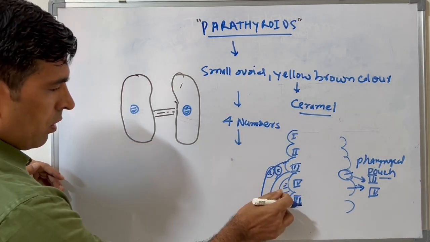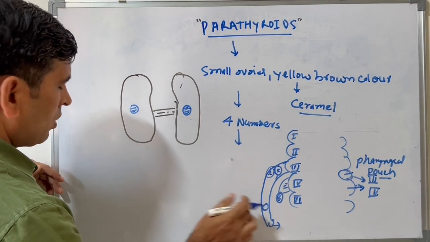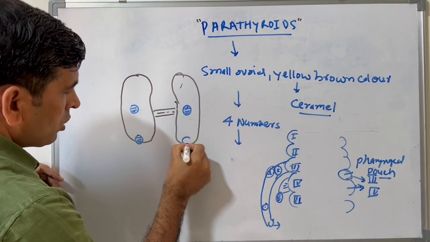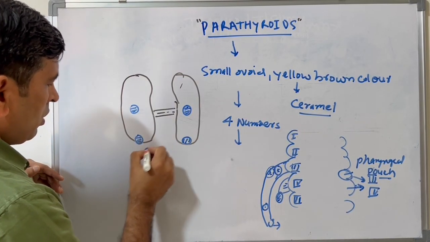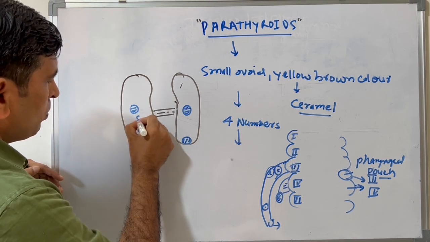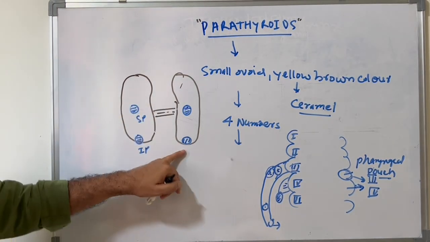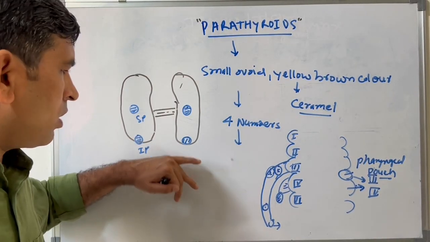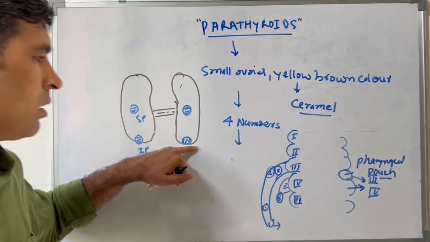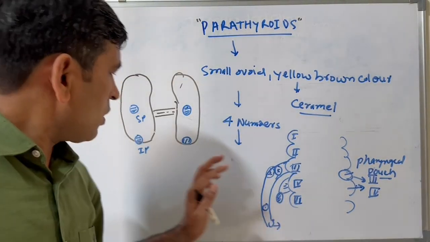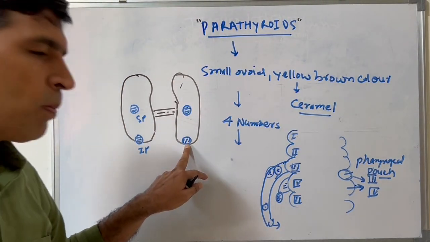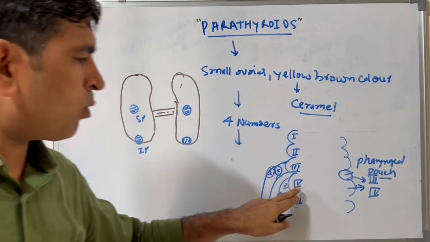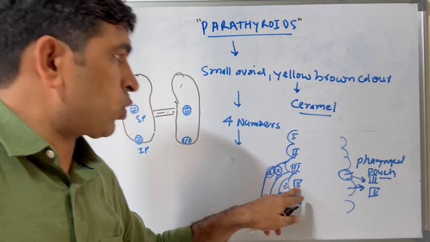And these inferior parathyroids are located here. They go to a more inferior location, just behind the inferior pole of the thyroid tissue. So the inferior parathyroid develops from the third pharyngeal pouch, while the superior parathyroid develops from the fourth pharyngeal pouch.